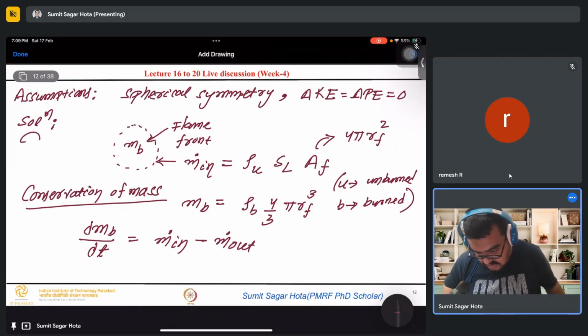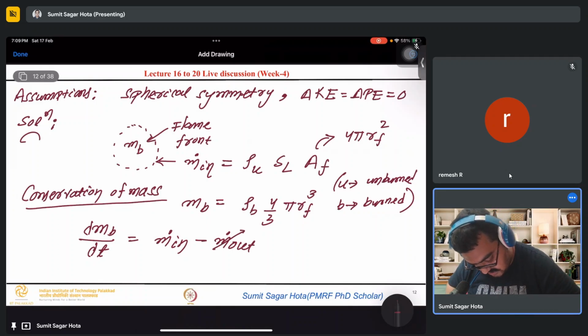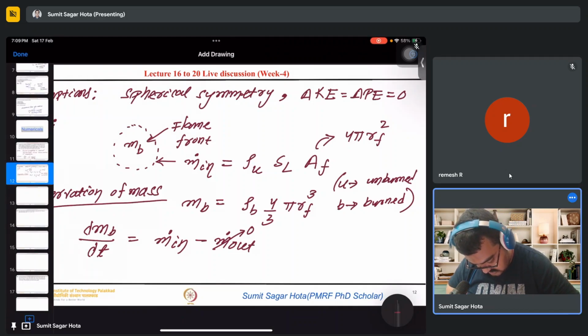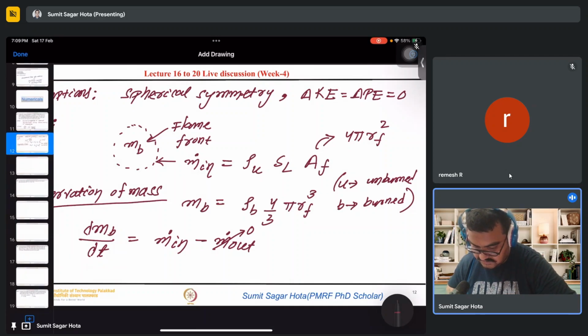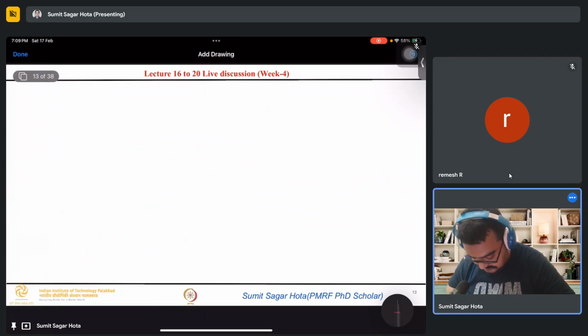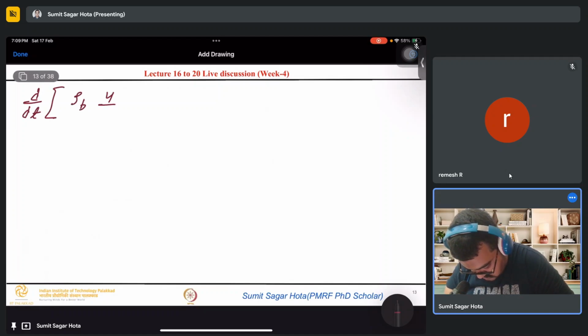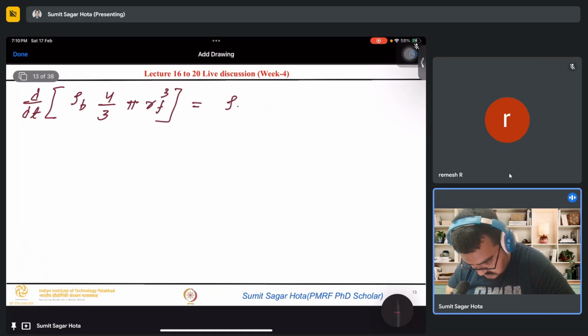There is no out as given in the question, so m dot out is equal to 0. So only m dot in will be there, and we know what m dot in is. I have to just solve it and get the answer. So d by dt of rho b times 4 by 3 pi rf cube is equal to rho u SL 4 pi rf square.